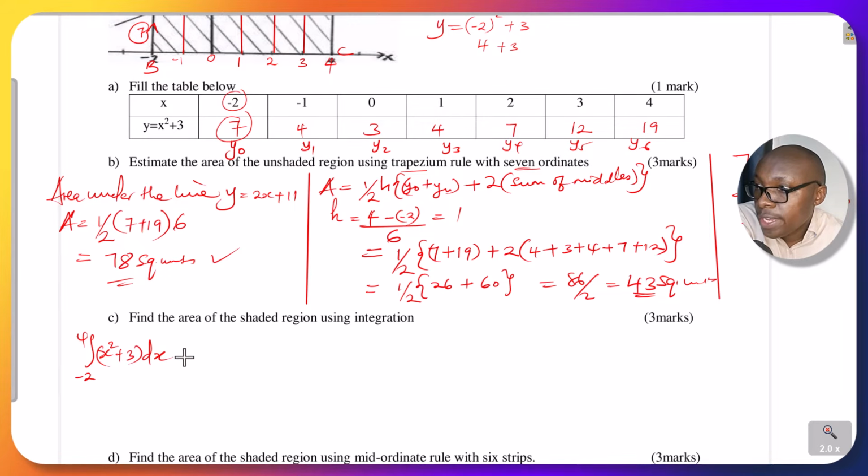With respect to x. So when you integrate these, you'll get x cubed divided by 3 plus 3x plus c. So this is -2 to 4. So from there, you just substitute 4.